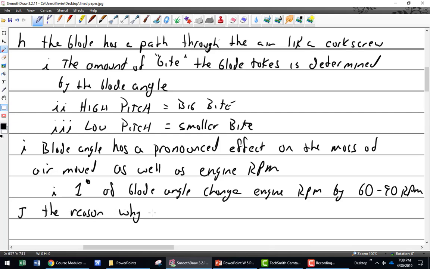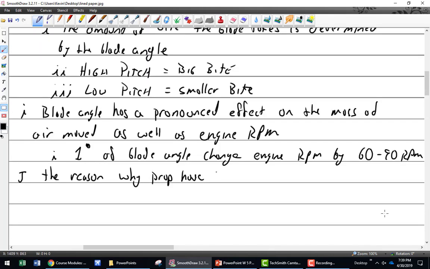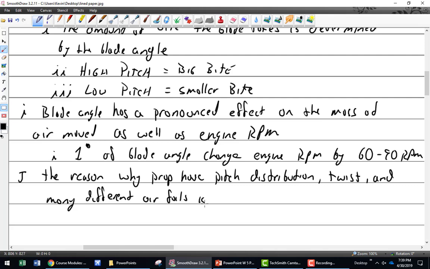The reason why props have pitch distribution, twist, and many different airfoils is because the blades move in multiple dimensions.